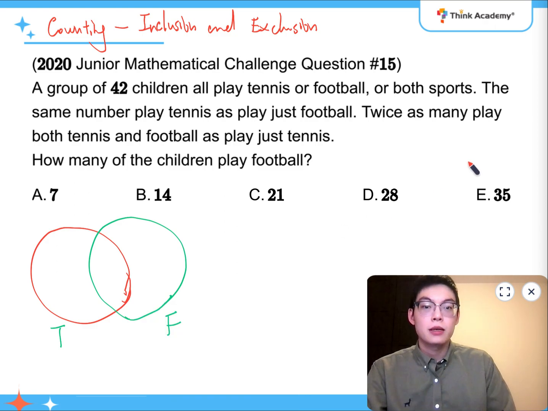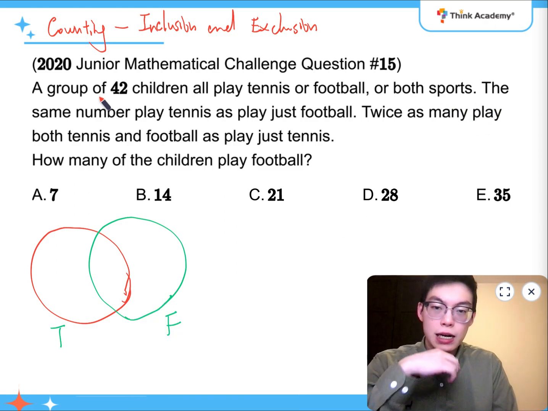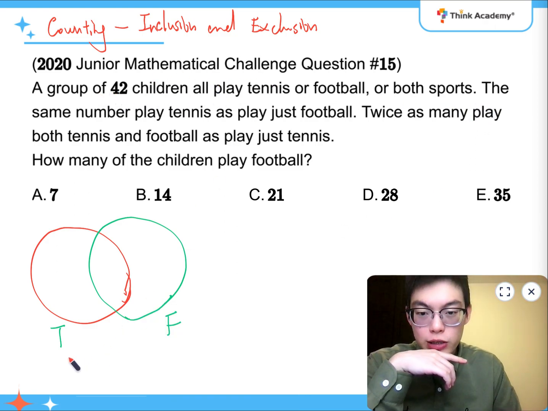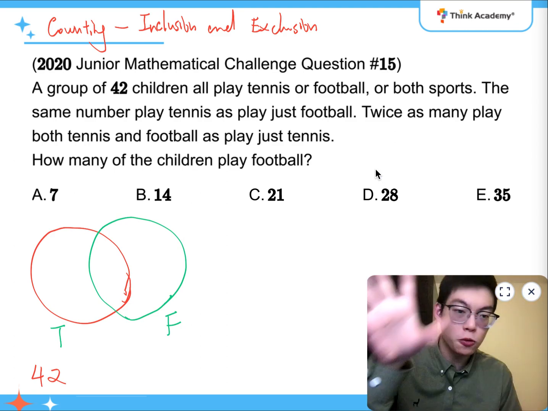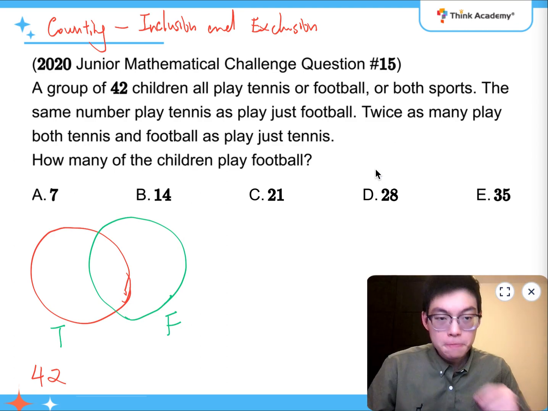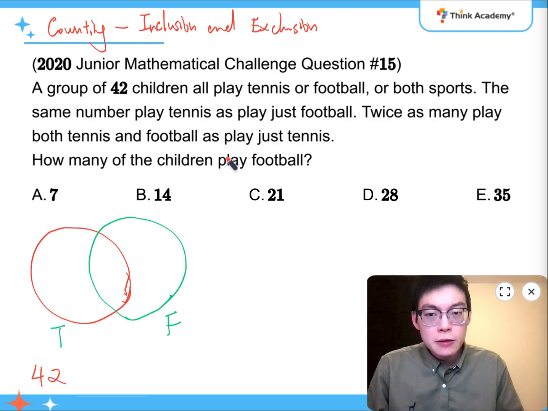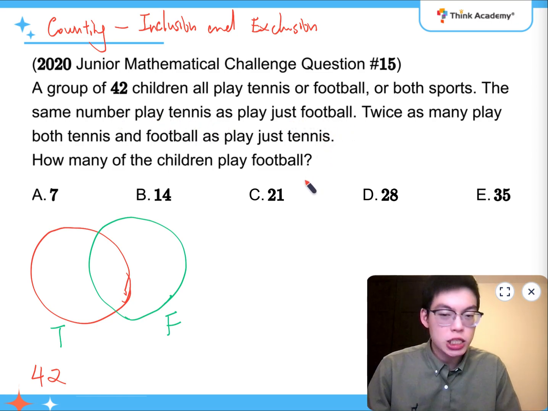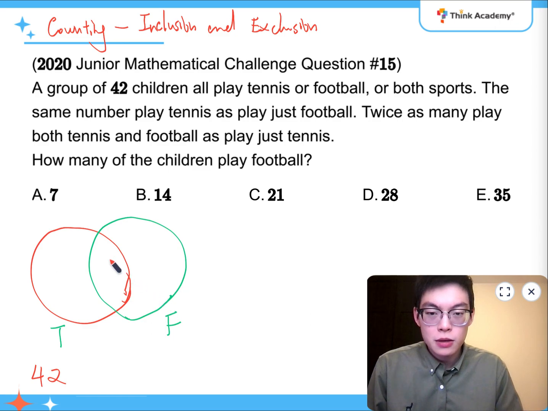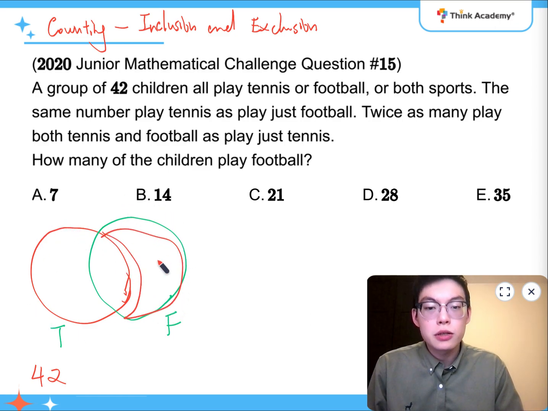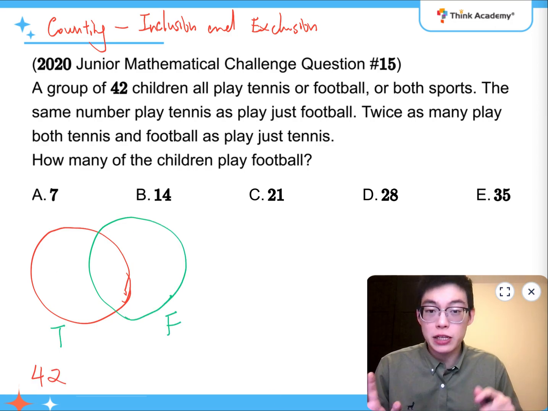The first sentence tells us that a group of 42 children, so altogether there are 42 people in the whole set, the whole universe. And the same number play tennis as play just football. So the red circle and this green moon shape have the same number.